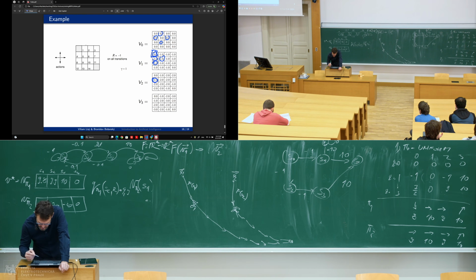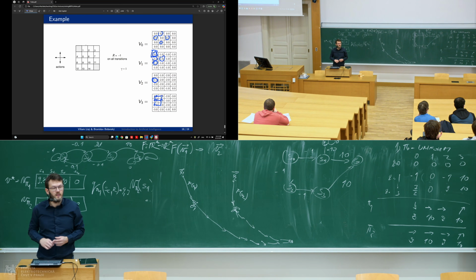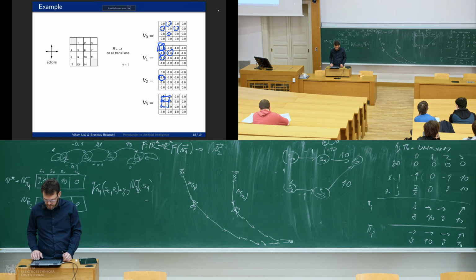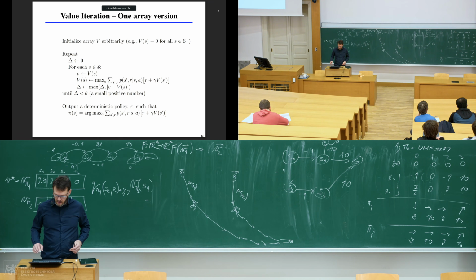And after just three steps, it will converge, and then your solution is just to follow the values. So from here you would go here, from here you would go here or here, from here, here or here, right? Then you can be just greedy with respect to the values you computed, and that's the optimal policy. Okay.